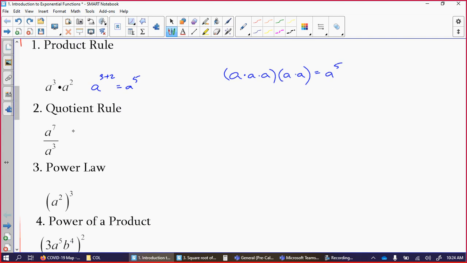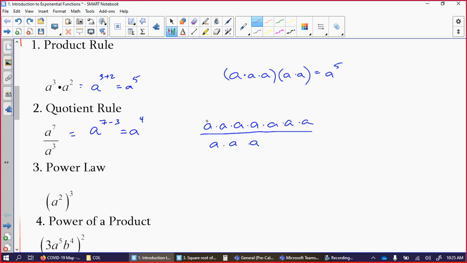The quotient rule, in this case, I need an equal sign, is 7 minus 3. So this would be a to the fourth. A to the seventh in the numerator. Why didn't I do a smaller one? That's 5, 6, 7. A cubed. Now, this is where language kind of causes a little bit of trouble.